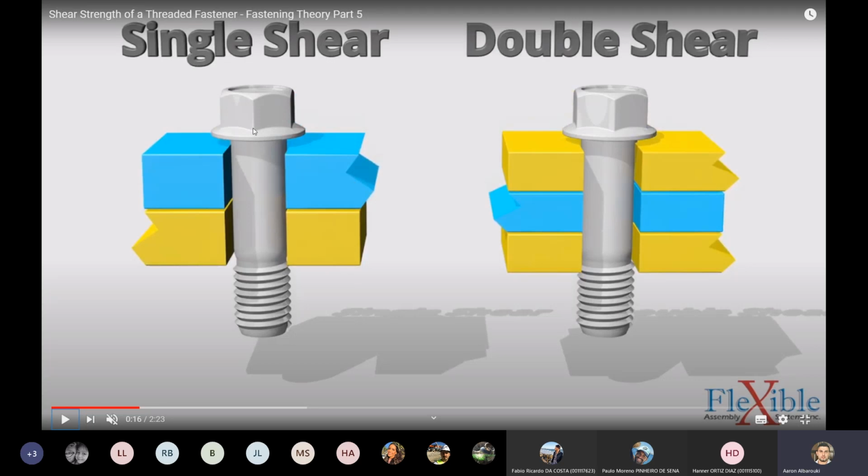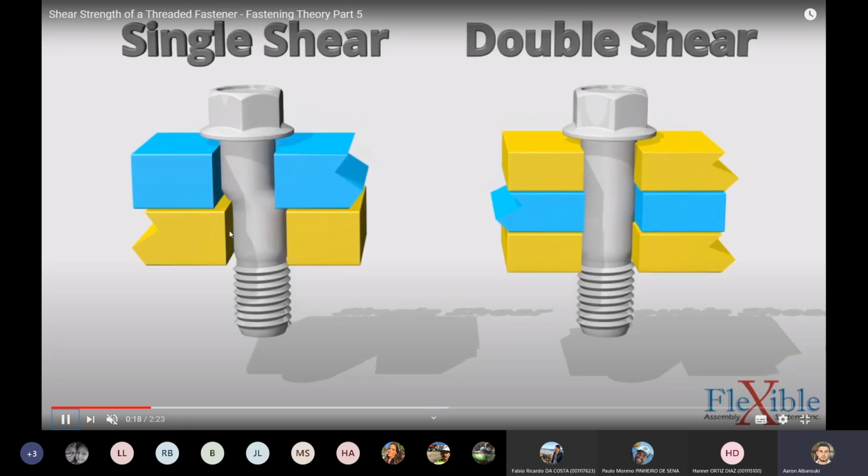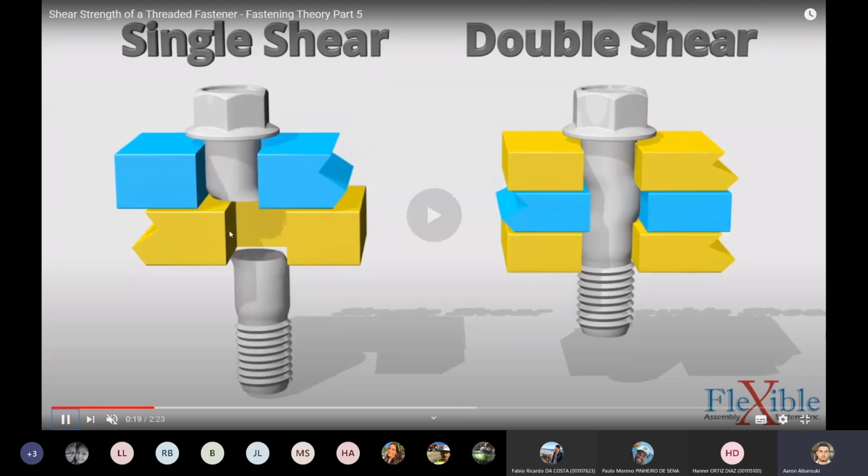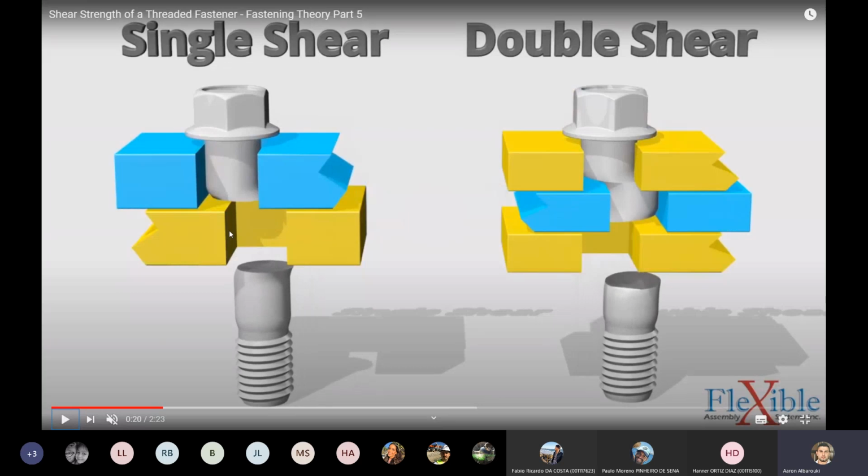They're trying to separate, and the bolt is keeping them together. So what these two plates are doing is applying forces on the bolt parallel to the cross section of the bolt. These types of forces are shear forces. Look at them. These are the forces trying to shear the bolt, and that's what happens when the bolt will shear.